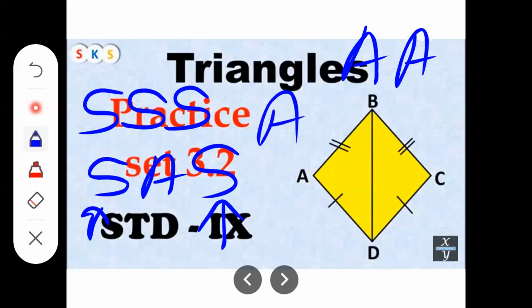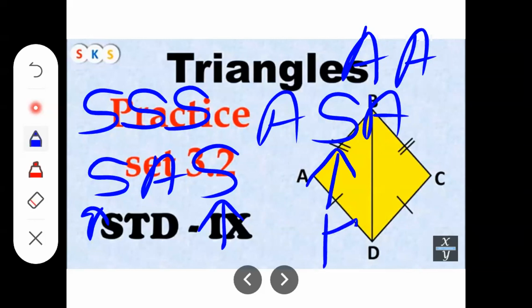Then the ASA test, angle and included side. The side included between two angles, that is the ASA test, angle-side-angle test. And the test which is applicable to a right angle triangle is the hypotenuse side test. Those are the tests of congruency of triangles.